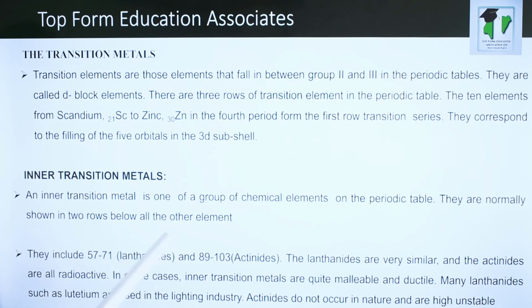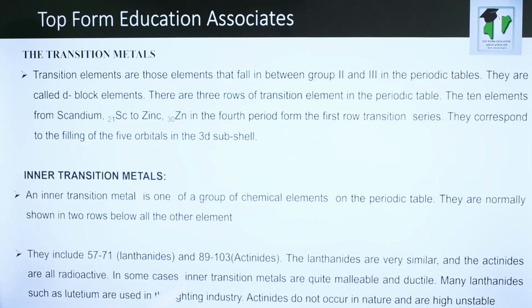And the 89th element to 103 are called actinides. Everybody say actinides. Good. The lanthanides are very similar, and the actinides are all radioactive. They are called radioactive because they can decay. And radioactive elements are very deadly.